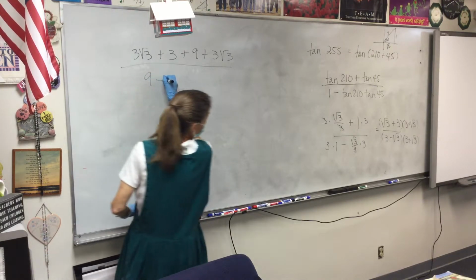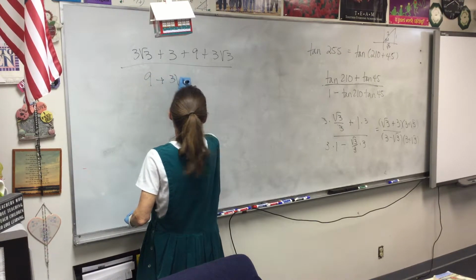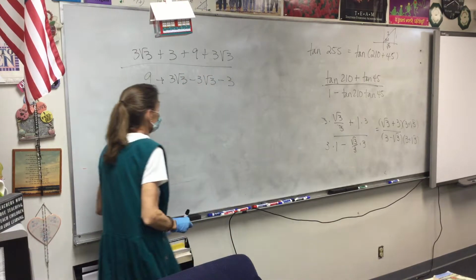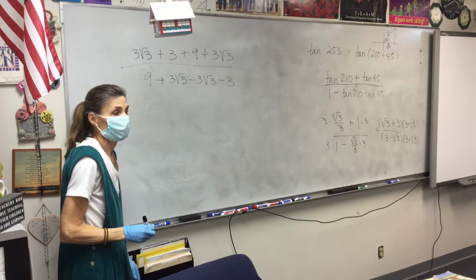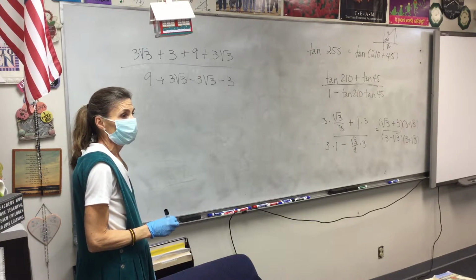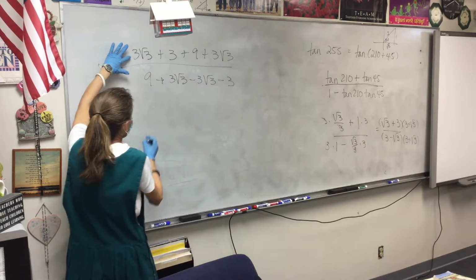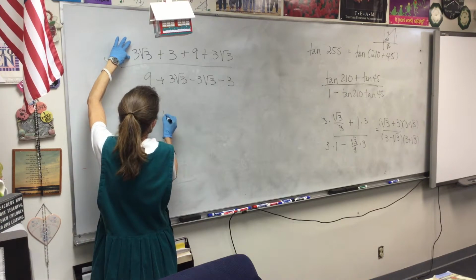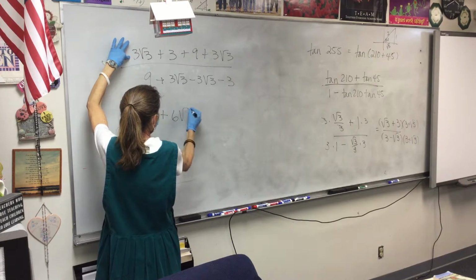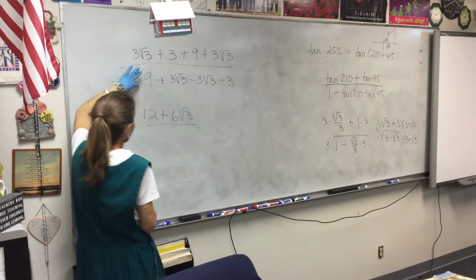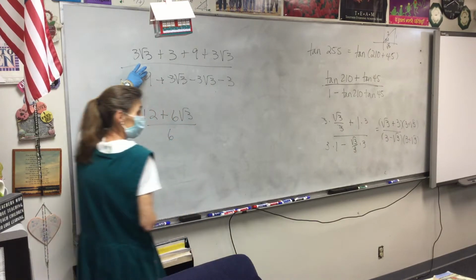First, outside, inside, last. So what have I got? 12 plus 6 root 3 over 6.